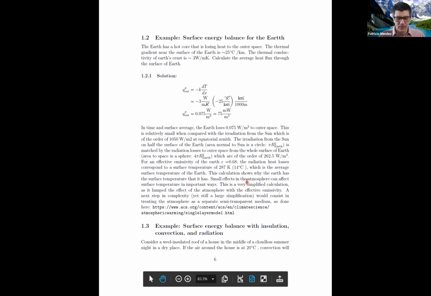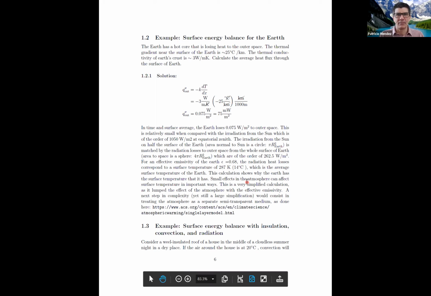Now, how is the Earth losing heat to space? Sure, it's not by convection, because there's no fluid in space taking heat away from Earth. We have a very, very thin layer of gas around the surface of Earth.